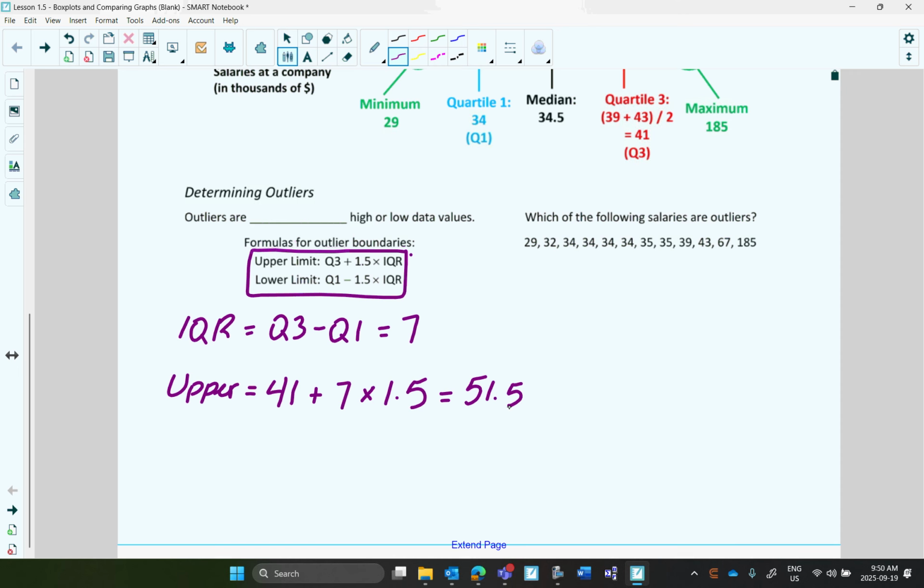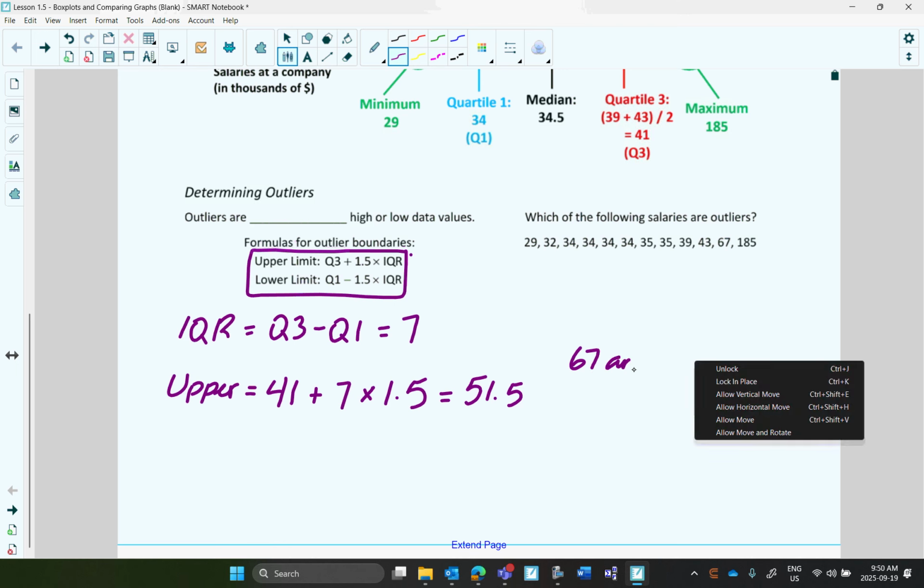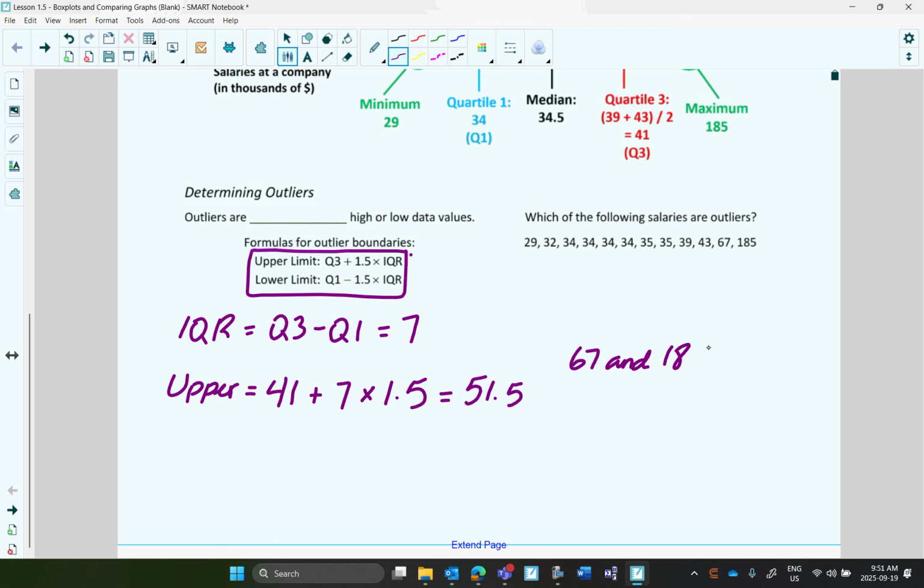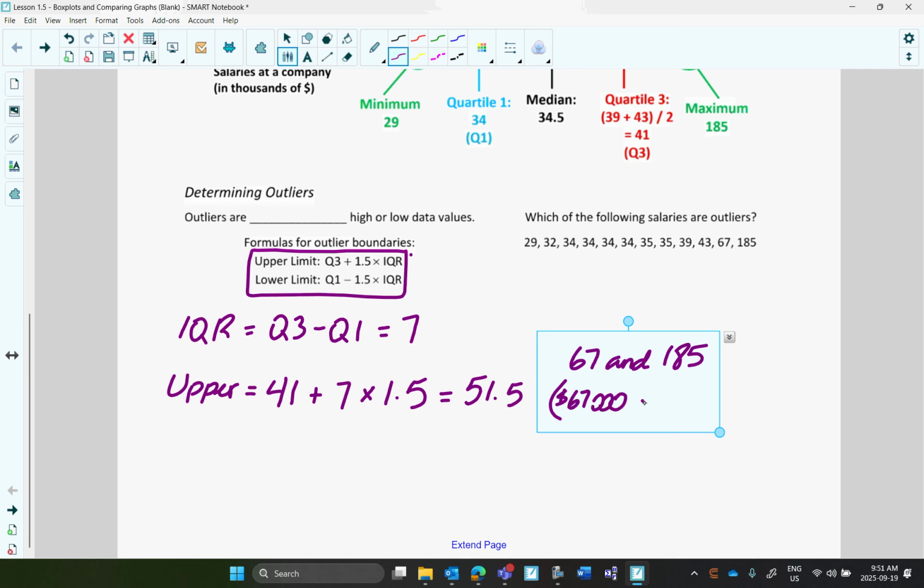So we would say 67 and 185, or remember, these are in terms of money, 67,000 and 185,000 are outliers. Specifically upper outliers, but you don't have to use that word. You can just say they are outliers.